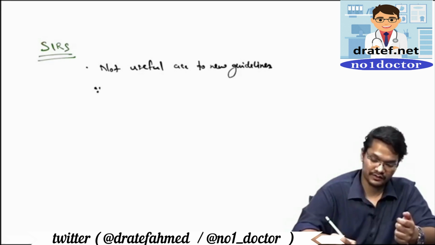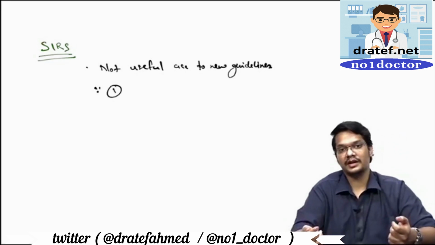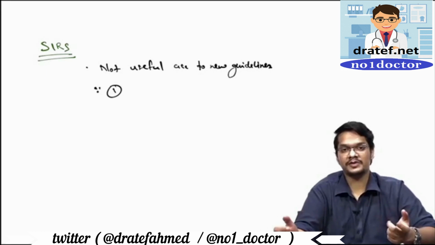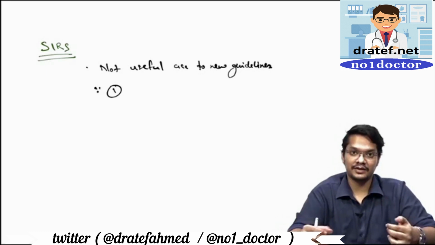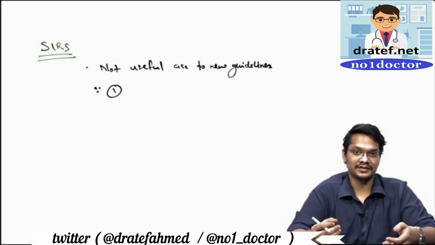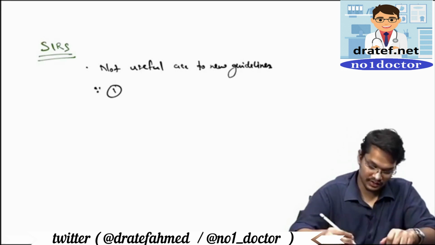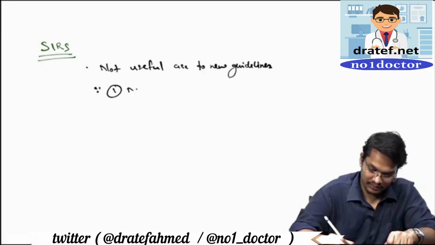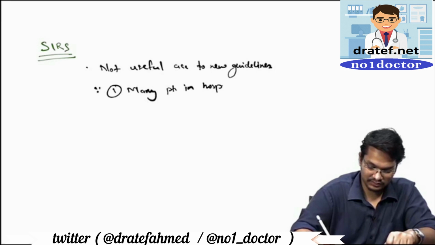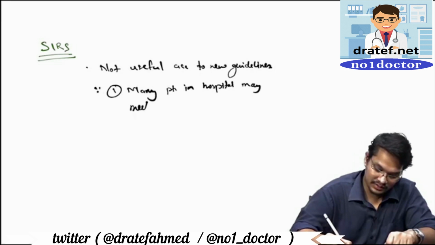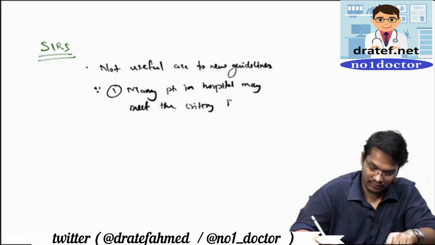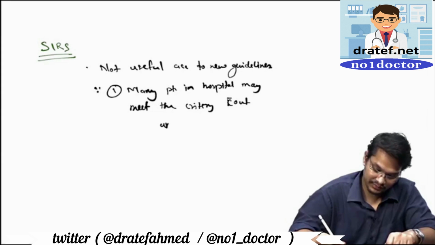And the reason they have given for this is, first, that many of the patients in hospital settings might meet the criteria of SIRS without having actual sepsis. Okay, so many patients in hospital may meet the criteria without any infection.